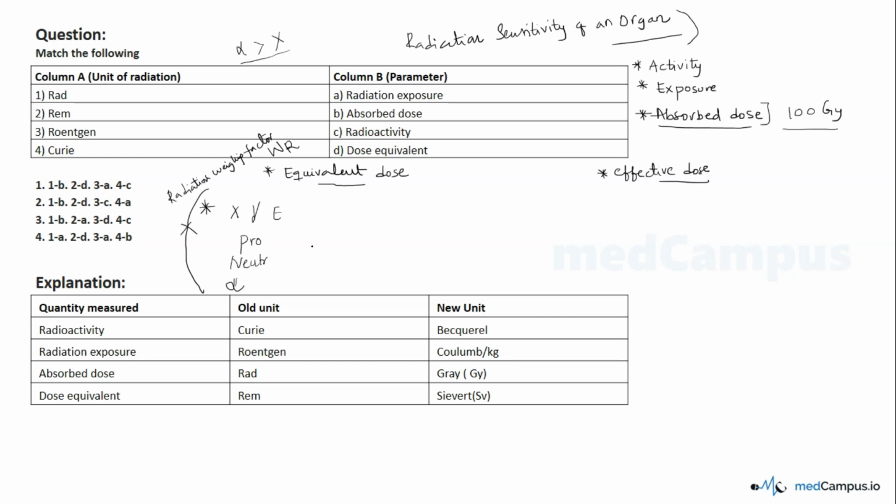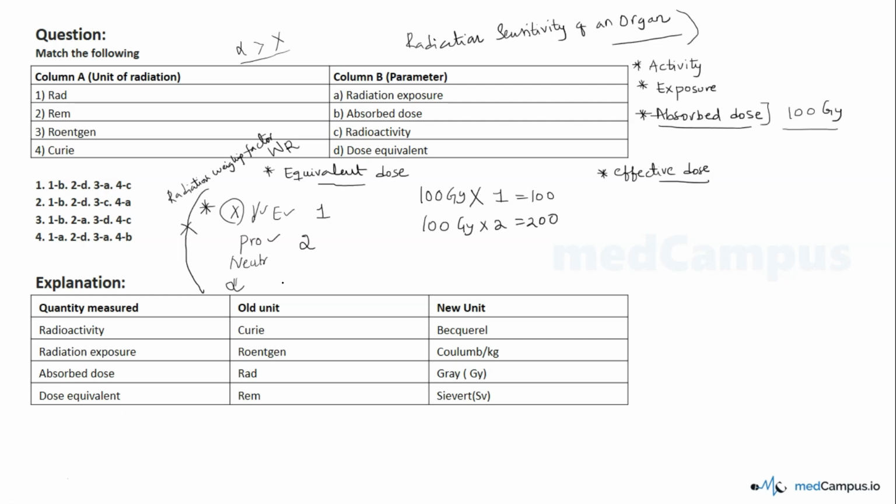What is this radiation factor? Let me tell you. For example, your body is getting exposed to 100 gray of radiation. Depending on what type of radiation it is: if it is X or gamma or electron, the radiation weighing factor is 1. So you put it as 1, you will get a value of 100. If it is proton, the radiation weighing factor determined for a proton is 2. You have to multiply this exposure by 2, so you get 200.